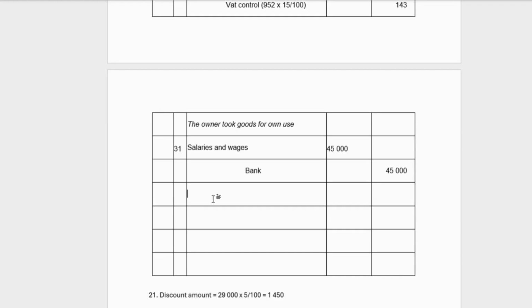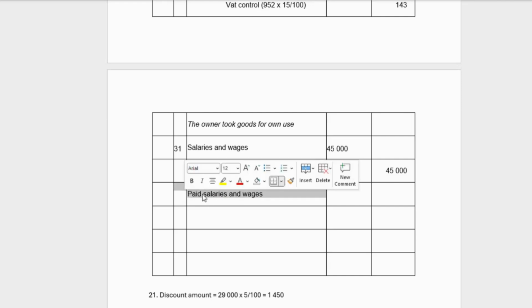We do not account for VAT on salaries and wages, as I explained. And then narration, we can say: paid salaries and wages.